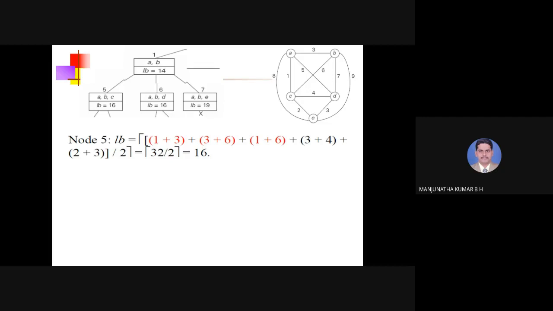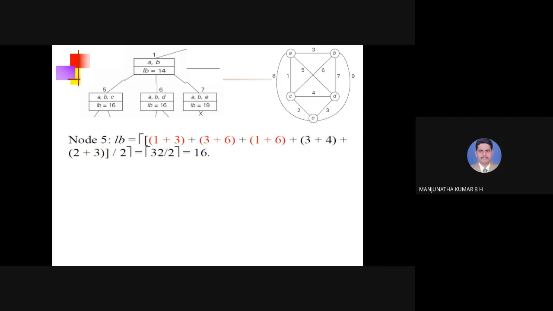Now the sum distance of city B should contain the cost of the edges which are connecting A to B and B to C, these 2 edges. So you observe the second term of the calculation, I have written it as 3 plus 6. Why?